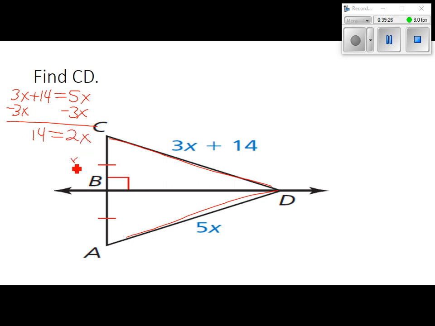What's x equal? 7. Now, is that what they ask us to find? No. What they ask us to find? CD, this side, right? So we're going to plug it in. 3 times 7 is 21 plus 14, 35. So the answer there would be 35.